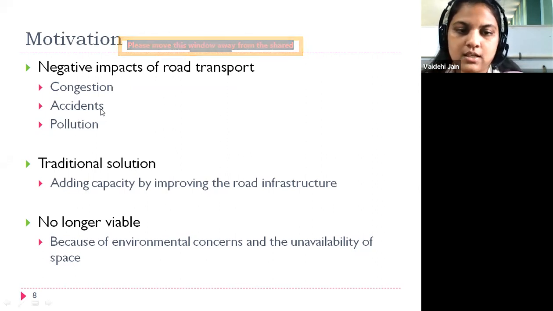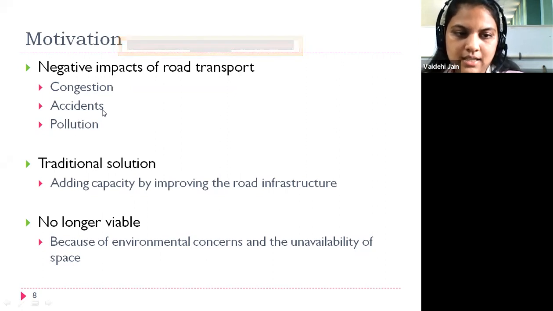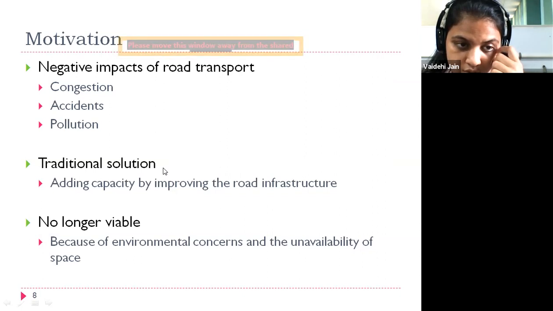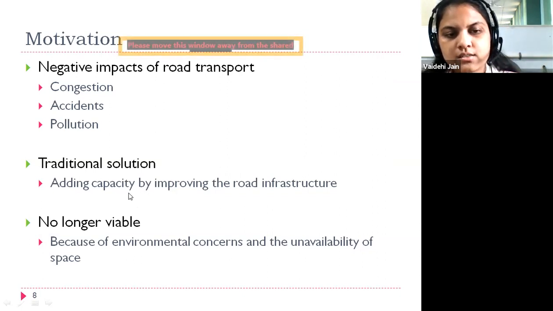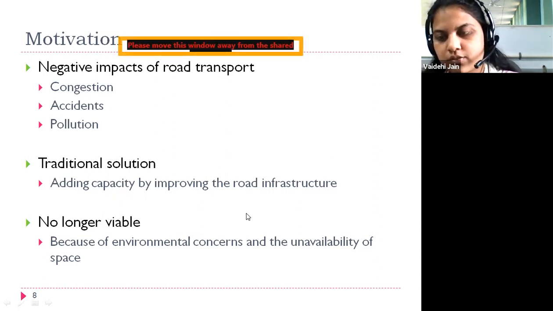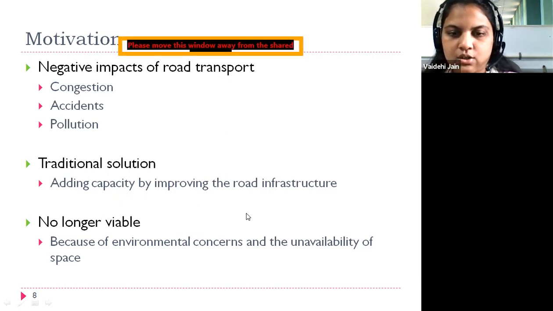In ancient times, the traditional solution to congestion or to reduce pollution was adding capacity just by improving the road infrastructure. It means the widening of a road or the expansion of a road or providing some other mode. So that was the traditional solution.